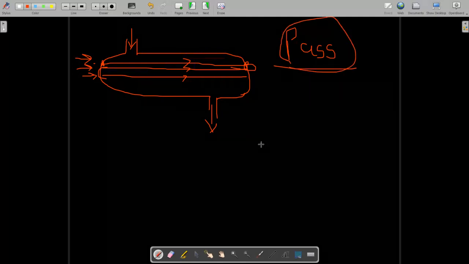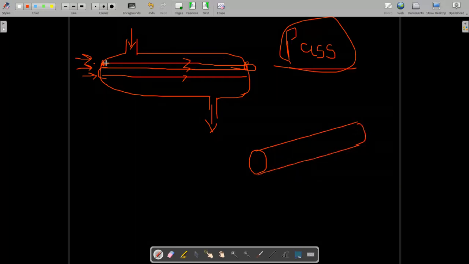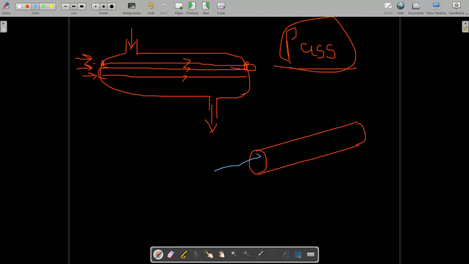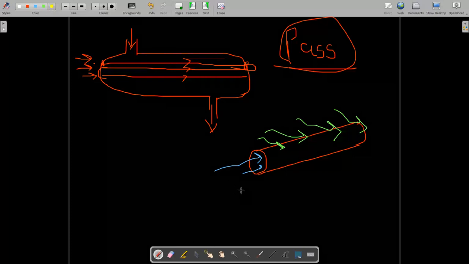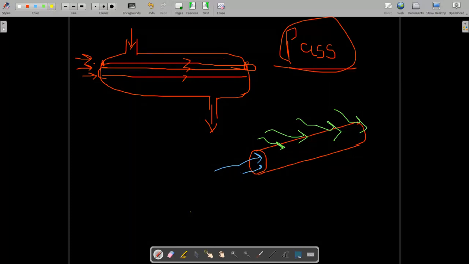The second thing is what happens in a heat exchanger. As you all know, there is a pipe in which fluid is flowing inside, and from outside there is also fluid flowing. So convection heat transfer plays the major role. But there are three resistances in this flow. The first is due to the fluid flowing inside the tube, so there is a convection resistance.